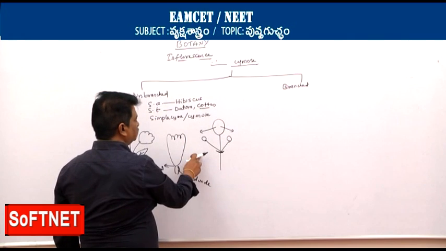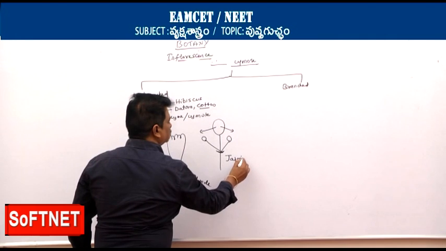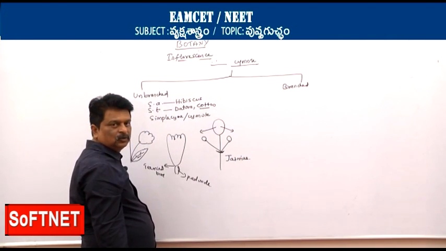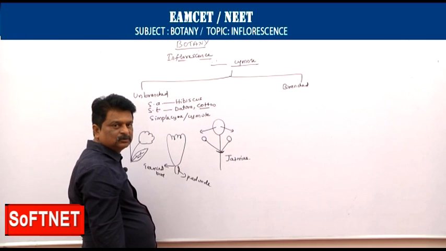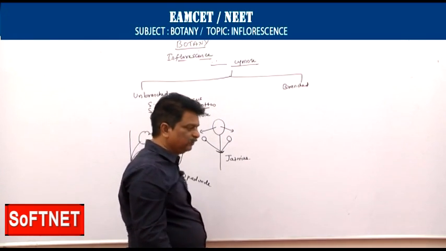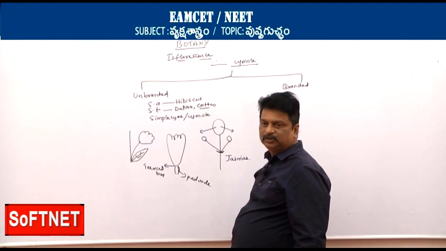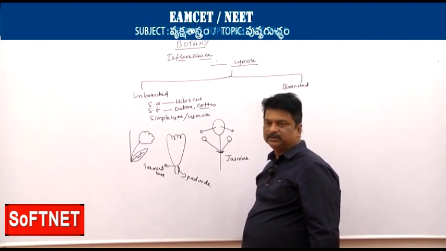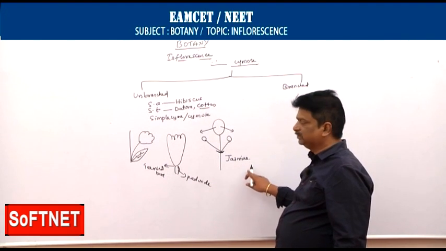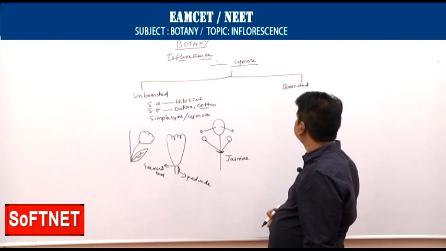Examples for simple cyme are jasmine and bougainvillea. Jasmine has a subaerial stem modification, stolons. Bougainvillea is a thorny climber, and bracts modified into petals, called petaloid bracts. These are about unbranched cymes.